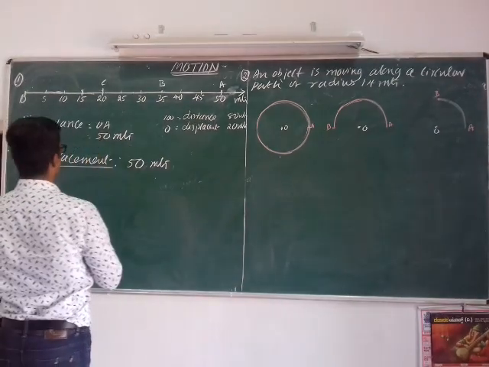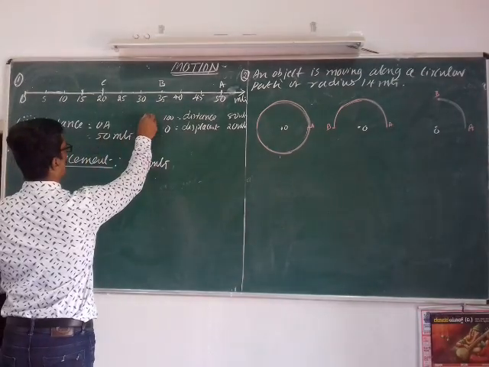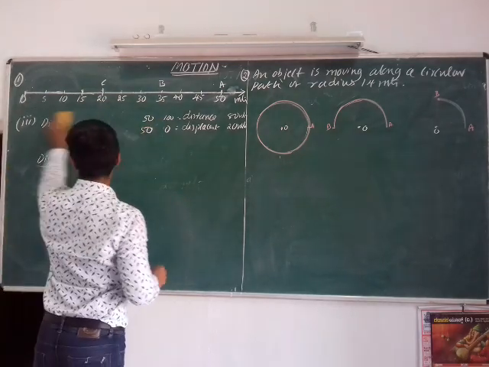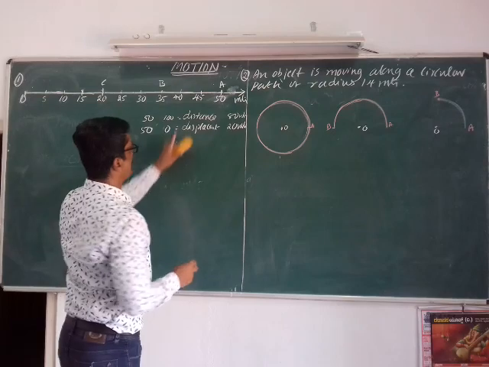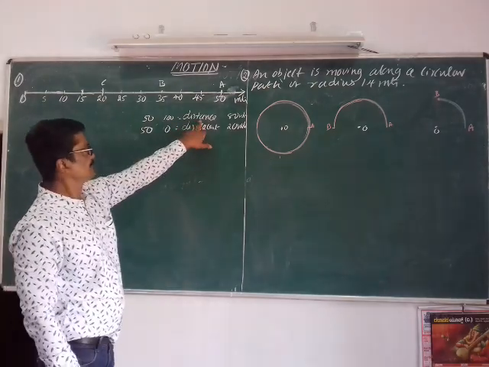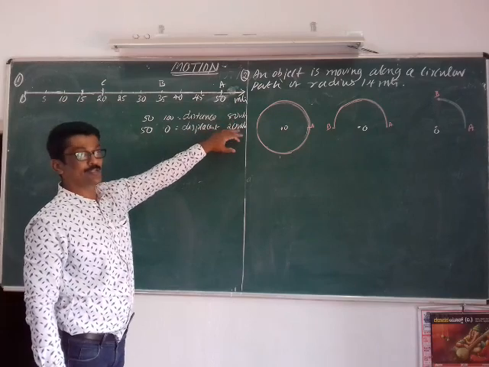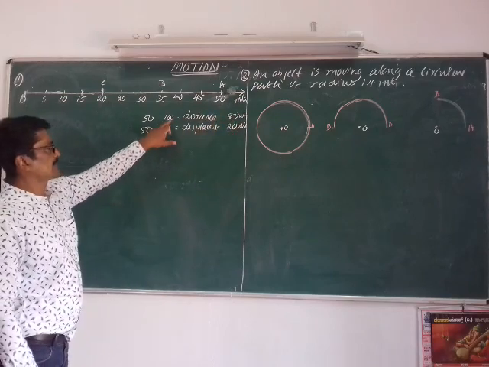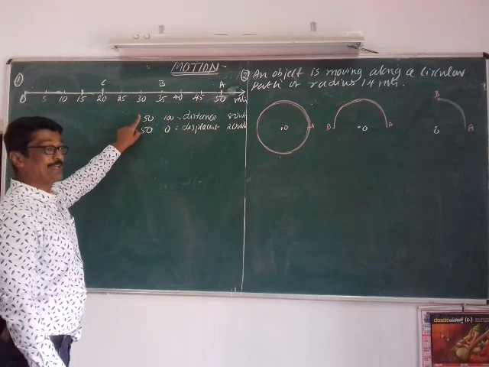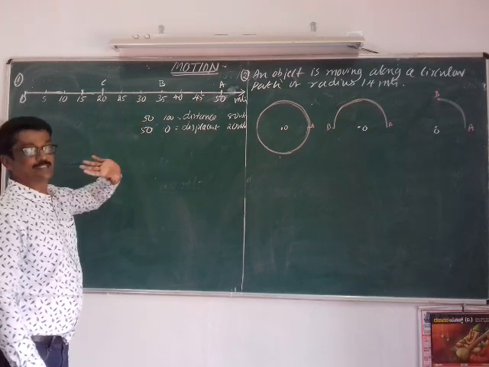So, I will write here 50. You have to analyze the values. Here, distance is 80, which is more than 20. Here, distance is 100, more than 0. Here, distance is 50, equal to displacement.